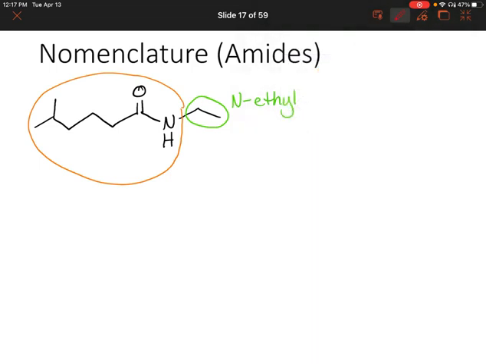So let's start with our carbonyl group, move our way down. The carbonyl group should have highest priority there because it's in our amide group. Okay, and then it looks like we have a methyl group on carbon 5. All right, so I would probably name this 5-methyl hexanamide.